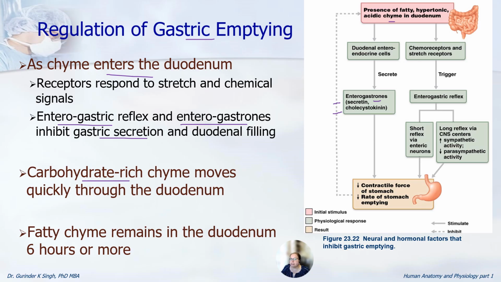So they're going to decrease that. The chemoreceptors will also trigger what is known as the enterogastric reflex, a short reflex through the enteric neurons, and a longer one through your central nervous system, which increases sympathetic activity or decreases parasympathetic activity.